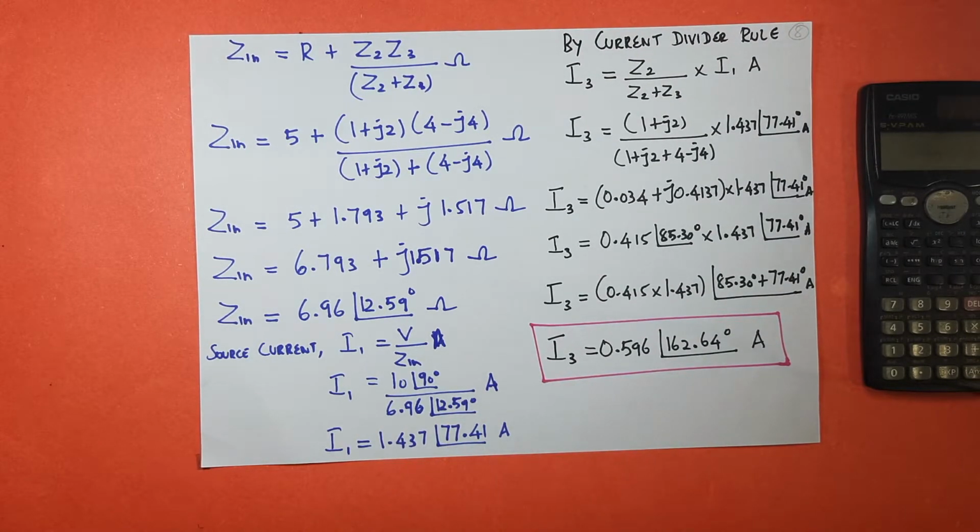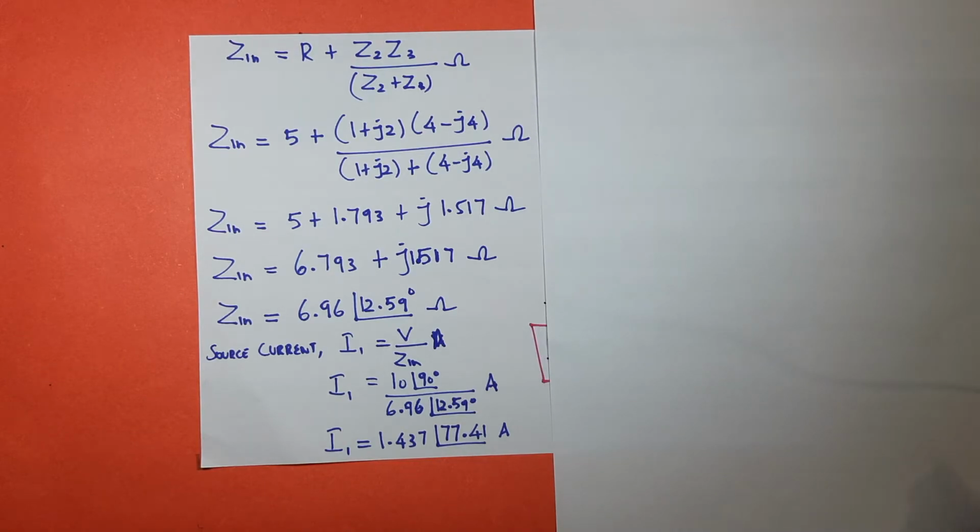So now we will find out the total impedance, equal to R plus Z2 and Z3 in parallel. So Z2 Z3 divided by Z2 plus Z3 ohm.